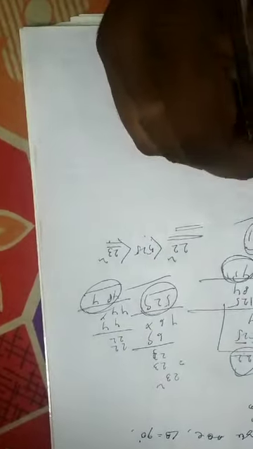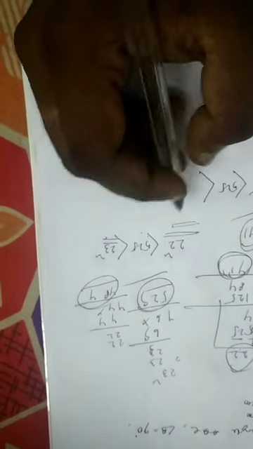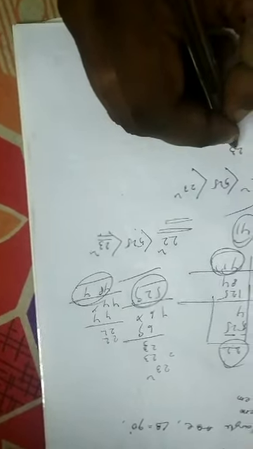So here I can write that 22 square is lesser than 525, which is lesser than 23 square. As I know, 23 square is equal to 529.